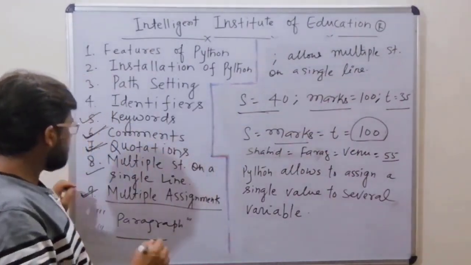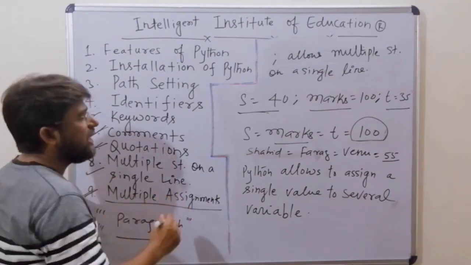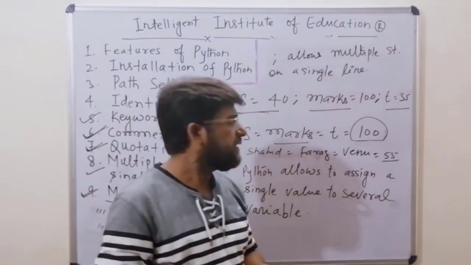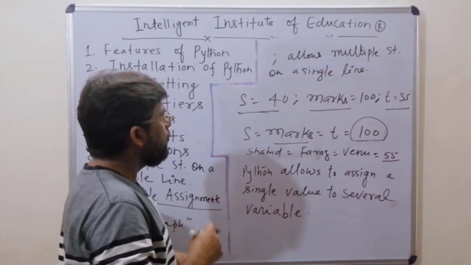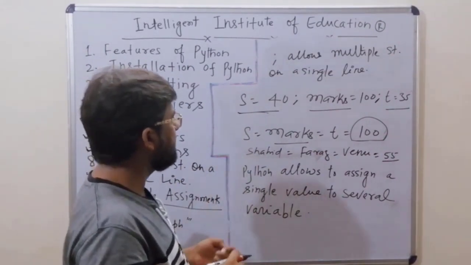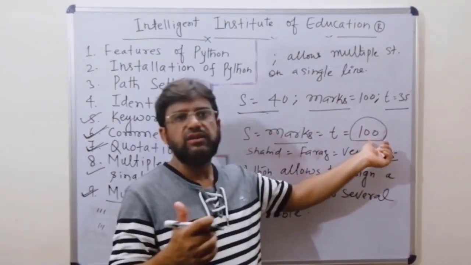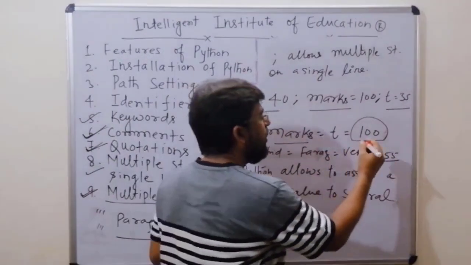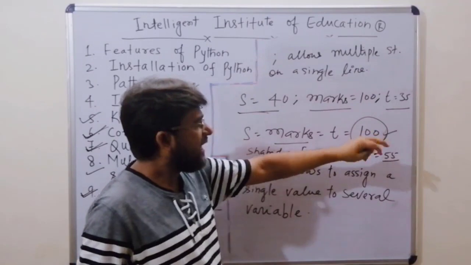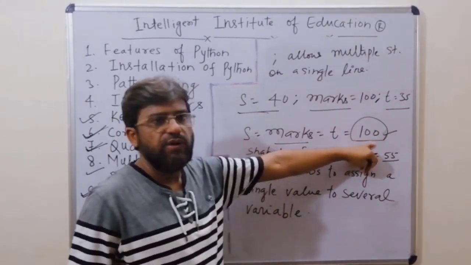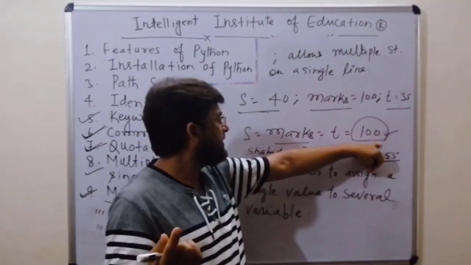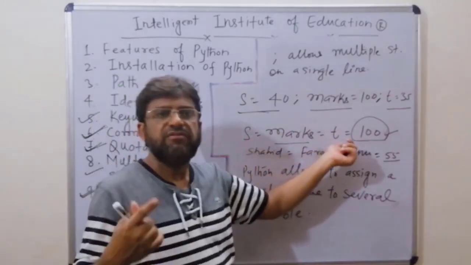Now, at the last point, I want to explain multiple assignments. It means we have three different variables with only one value. This value, 100, I want to represent on three different variables.